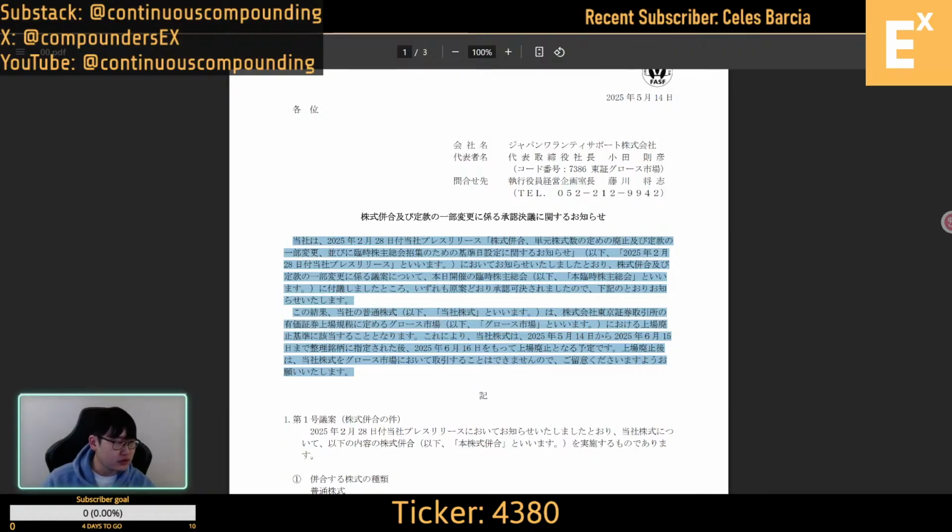Not working for some reason. What? Not working. Okay, I'm going to use Grok to translate. I don't know why ChatGPT isn't working right now.